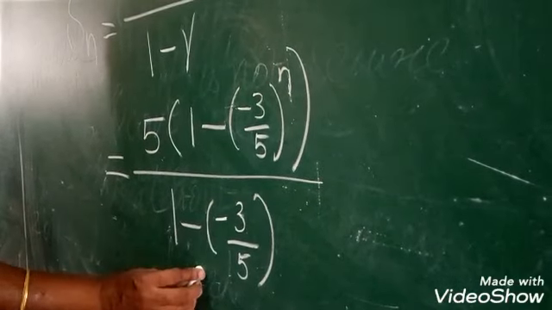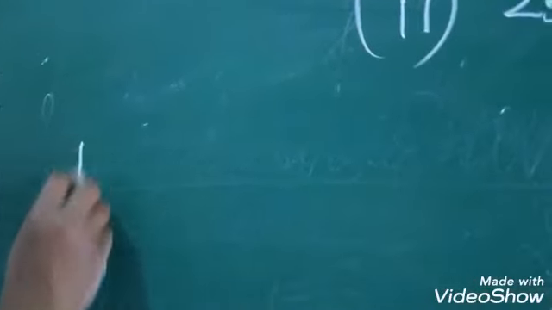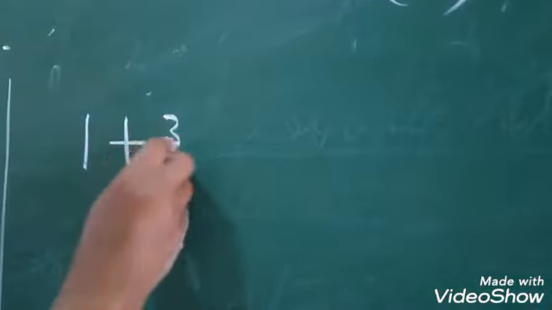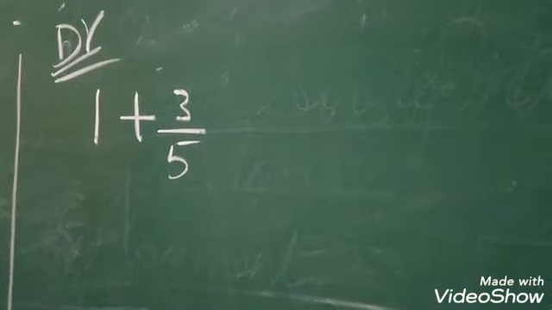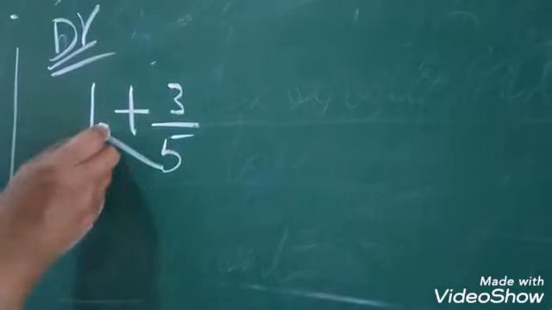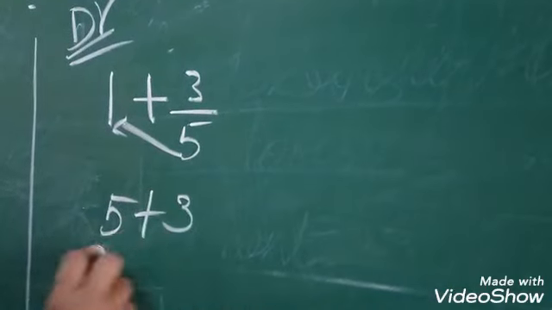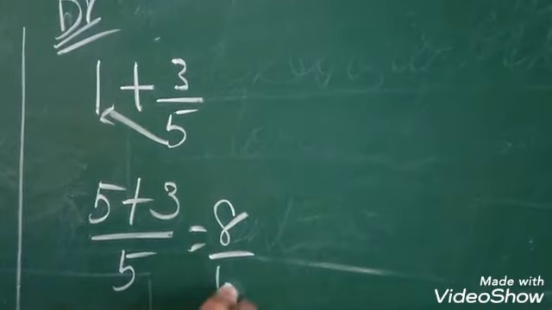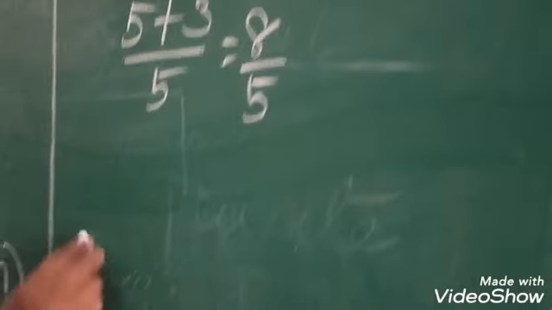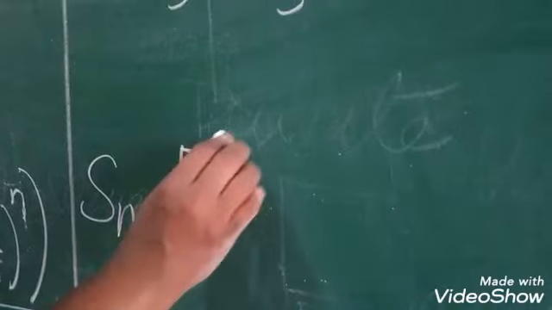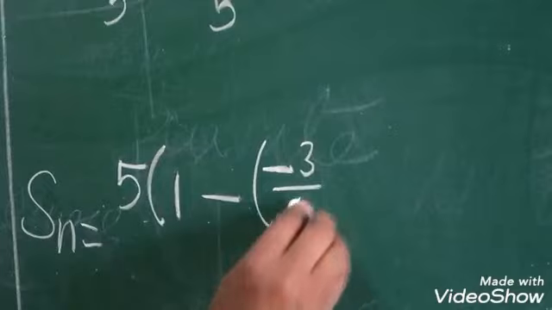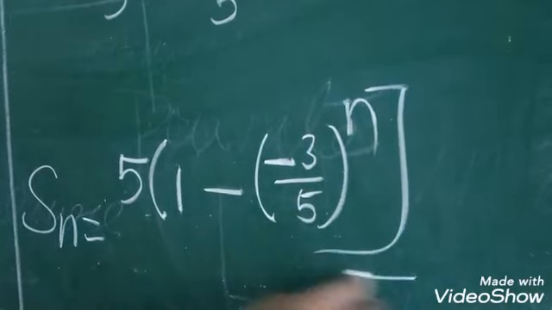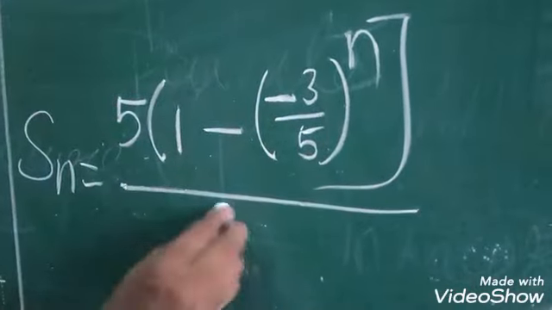In the denominator we have to simplify. 1 minus of minus 3 by 5: I convert it to a plus. Now take a common denominator, it becomes 8 by 5. Now Sn equal to 5 into 1 minus of minus 3 by 5 power n divided by 8 by 5.